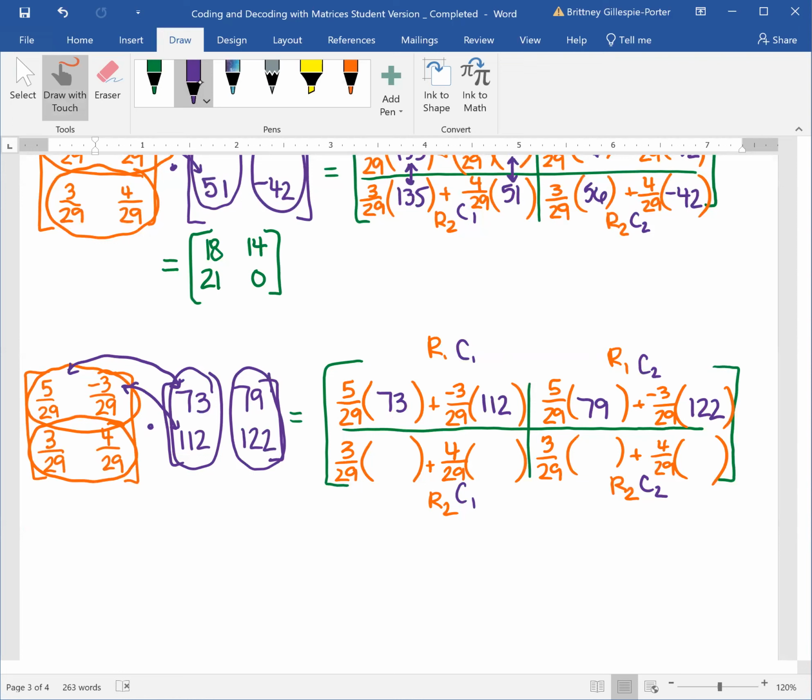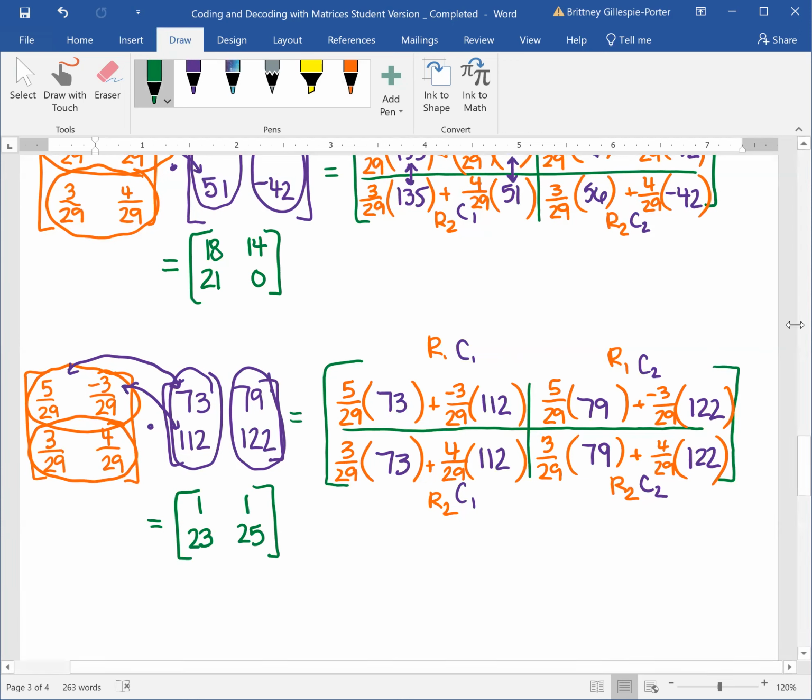I know I'm going to need 73 and 112, and then 79 and 122. This time when you do the multiplication, you should get 1, 23, below it, and then 1, 25.